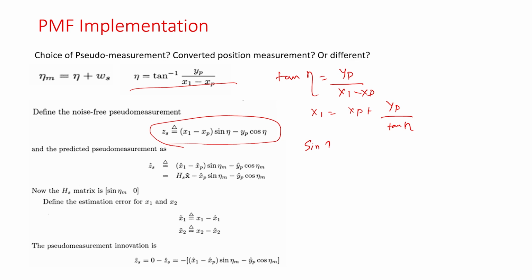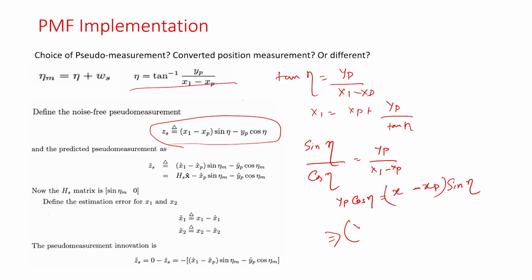I write sin of eta by cos of eta equals yp divided by x1 minus xp. Okay. So, yp cos of eta is equal to x1 minus xp into sin of eta. Now, I take this thing. So, x1 minus xp sin of eta minus yp cos of eta equal to 0.